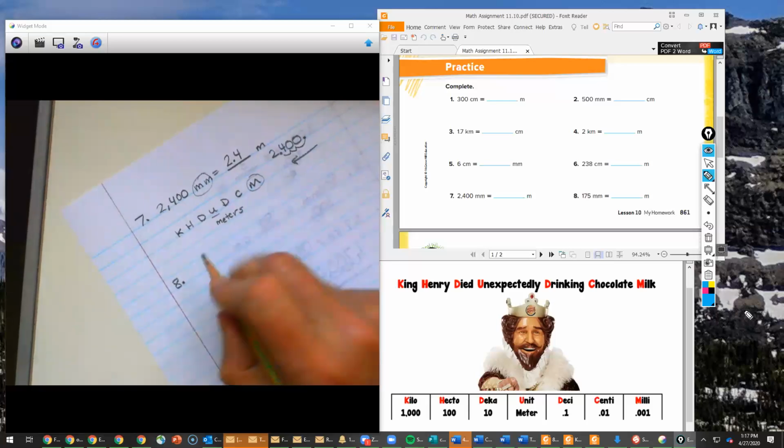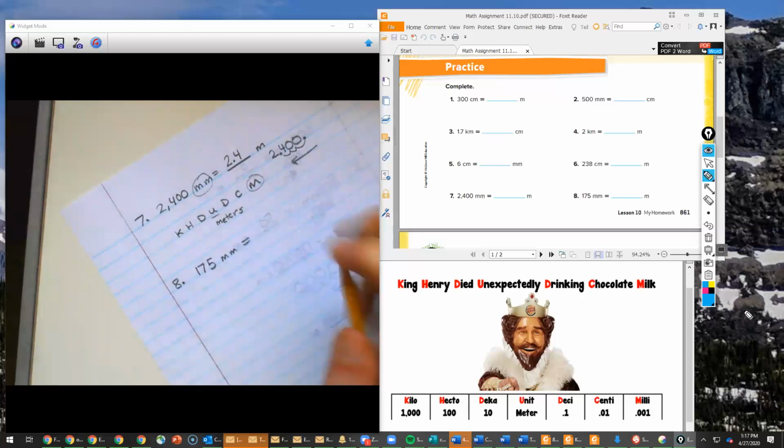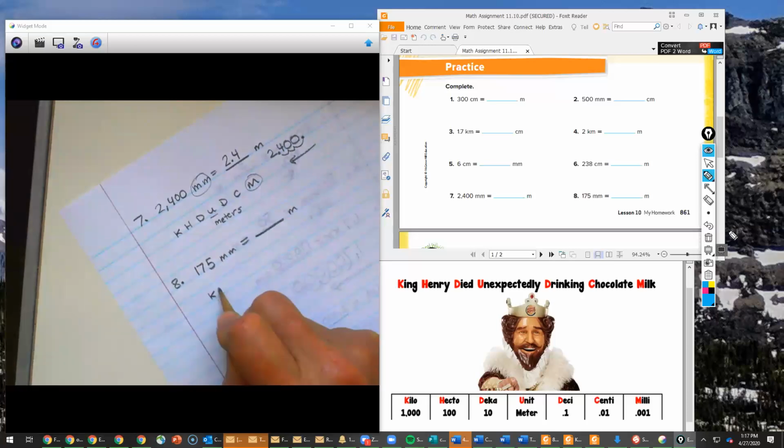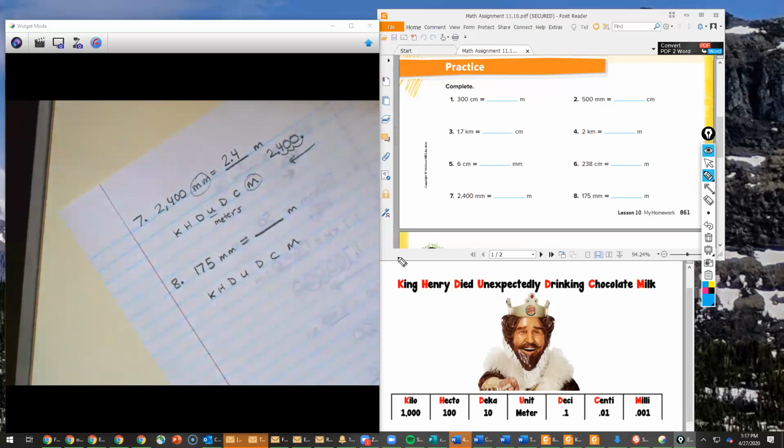So number 8 is 175 millimeters is equal to blank meters. In this case, boys and girls, let's do it one more time to remind myself: King Henry died unexpectedly drinking chocolate milk. What I'll do now is take a look at my unit of measurement that I'm going to be starting with, which is millimeters.